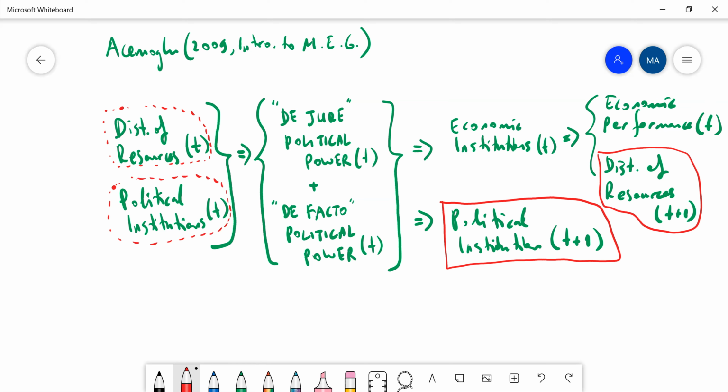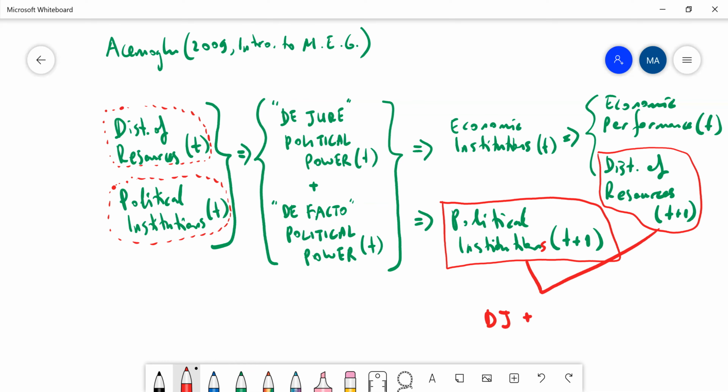So from one year to the next, or one long run to another long run, one generation to another generation, there is this causality flow, all right? Knowing that we have political institutions at t+1 and distribution of resources at t+1, these two determine what?